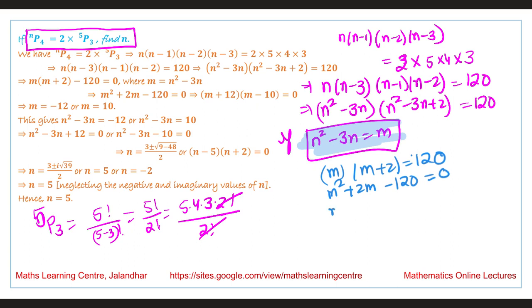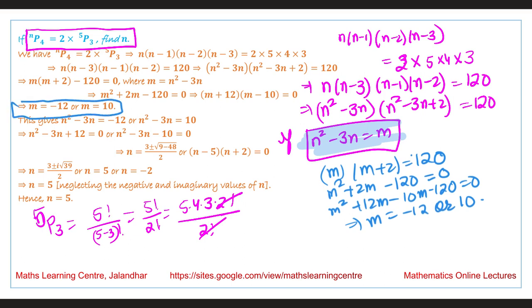On solving this we will obtain m square plus 12m minus 10m minus 120 is equal to 0, and this implies that the value of m can be minus 12 or 10. Now from this we obtain two equations.